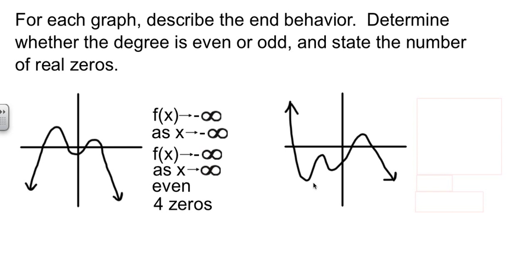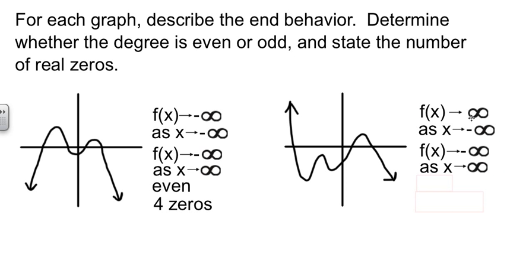We have a new graph here. A bunch of ups and downs all over the place. Let's talk about end behavior. As x gets more and more negative, what's happening to the graph? It's going up, up, up, up, up.